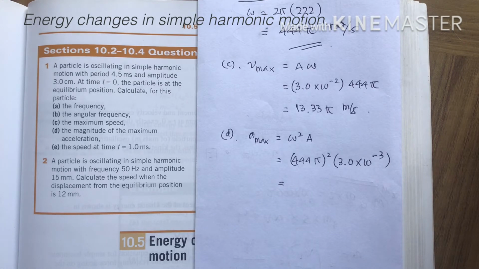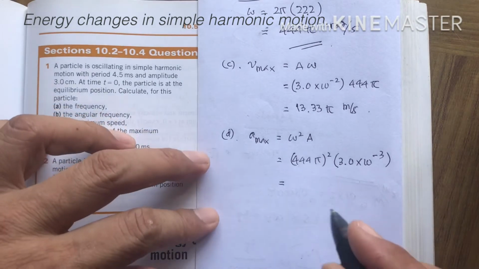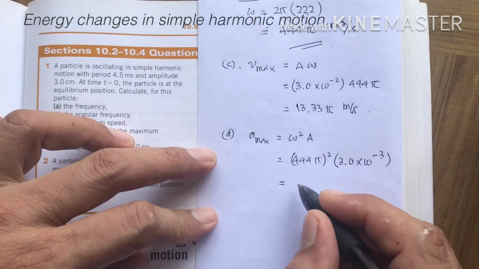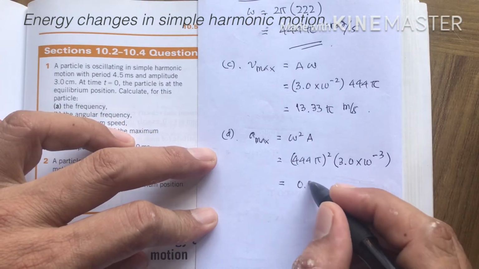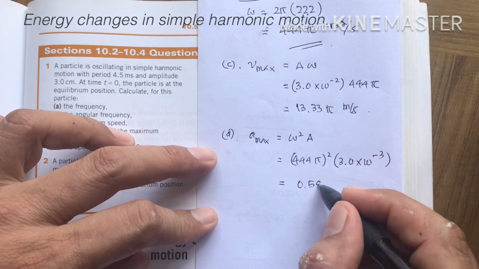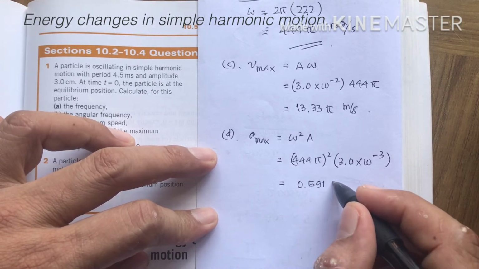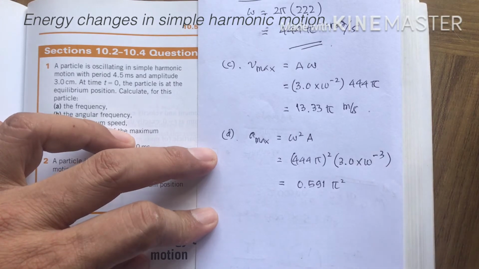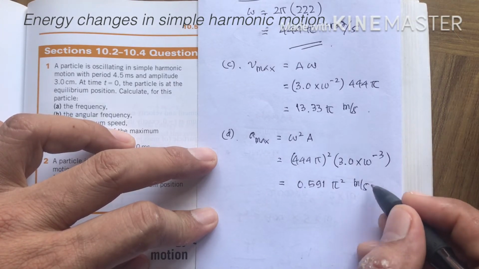444 times 444 and times 3 gives 591. So this is around 0.591 pi squared, in meter per second squared.